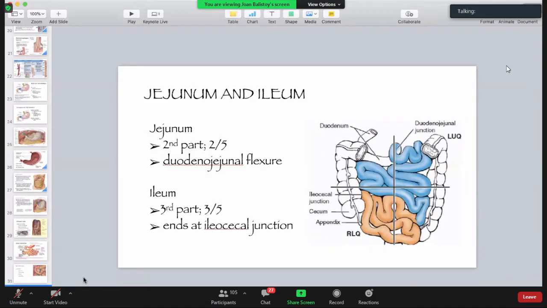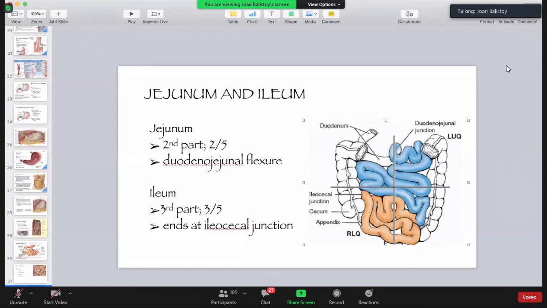And now go to the jejunum. The jejunum is 2/5 of the small intestine. Okay, it comes from the duodenojejunal flexure. While the ileum, which ends at the ileocecal junction, is 3/5 of the jejunal ileal part.